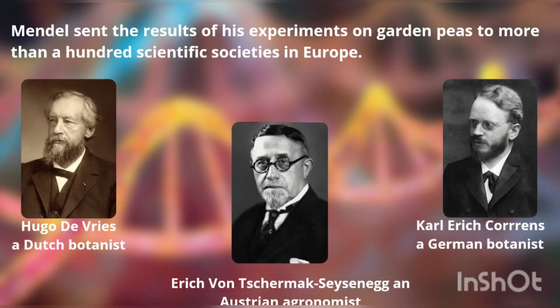These biologists experimented separately and obtained the same results as Mendel's. Hence, the interest in his laws of heredity was revived, and to this day, much of what we know about patterns of inheritance is grounded on the basic principles formulated by Mendel.